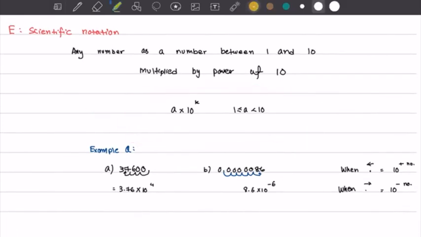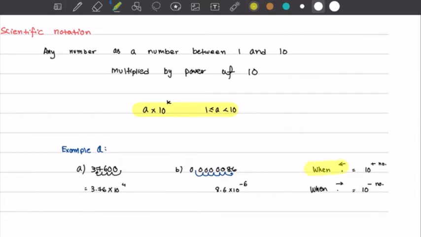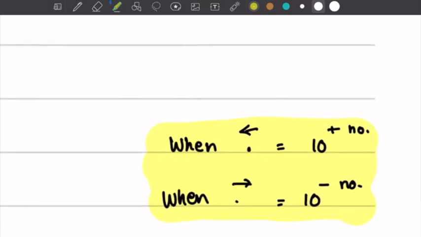It has to follow these main laws. Now, for the time being, I think it's very, very crucial that you understand what is a negative and what is a positive power of 10. Let me just say again, when the decimal goes towards the left, you have a positive power of 10.